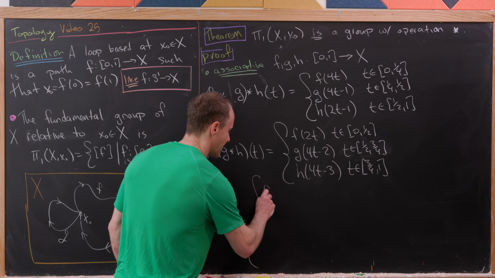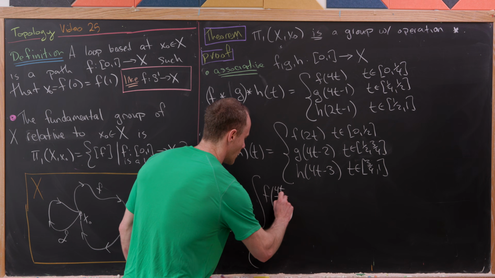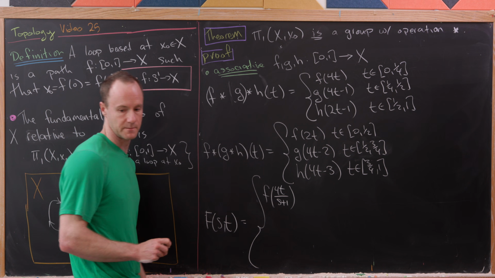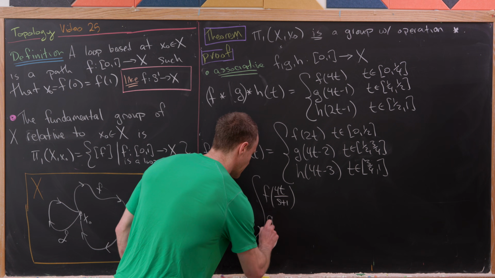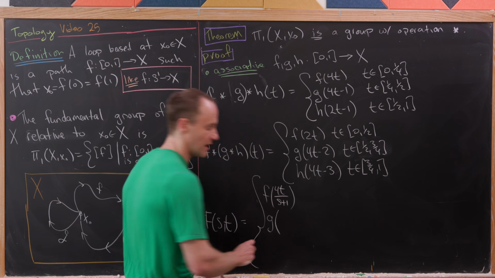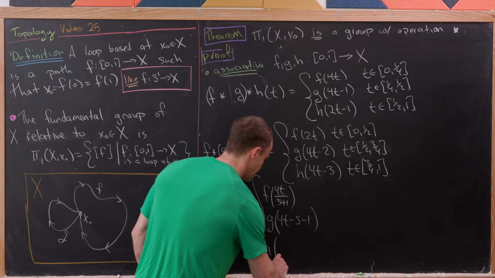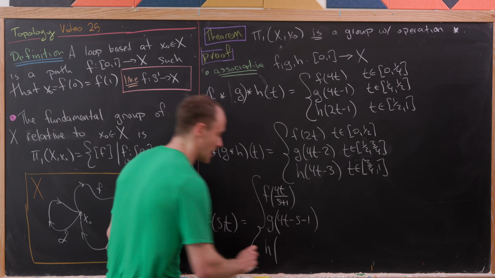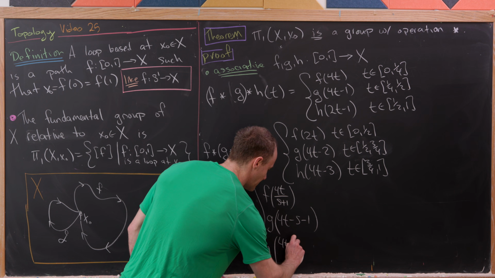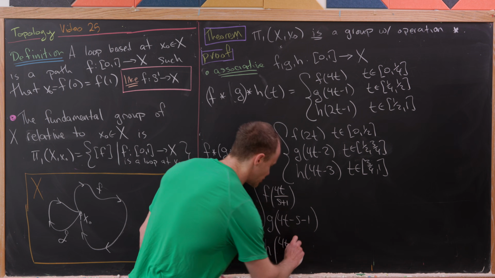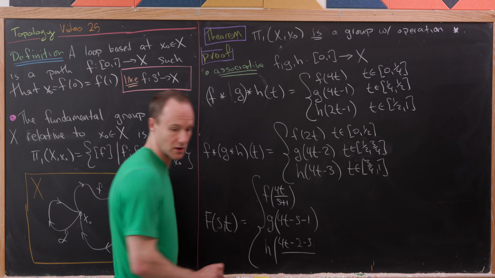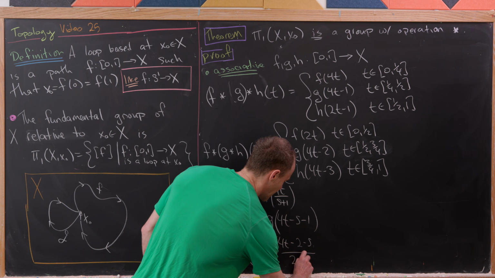This is going to be f of 4t over s plus 1. And then down here, it'll be g of 4t minus s minus 1. And then finally, h of (4t minus 2 minus s) over (2 minus s).